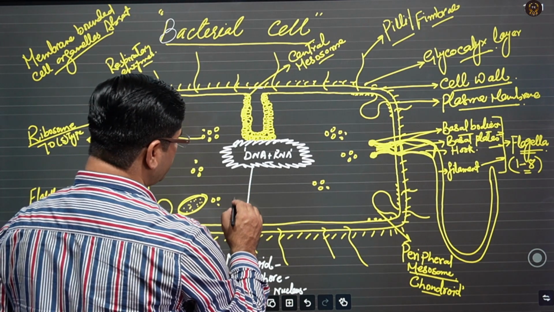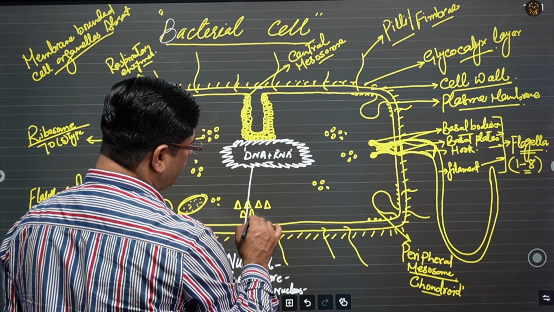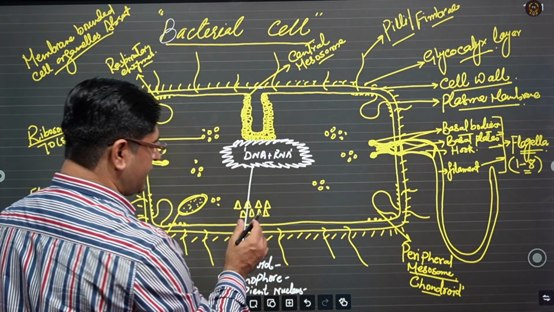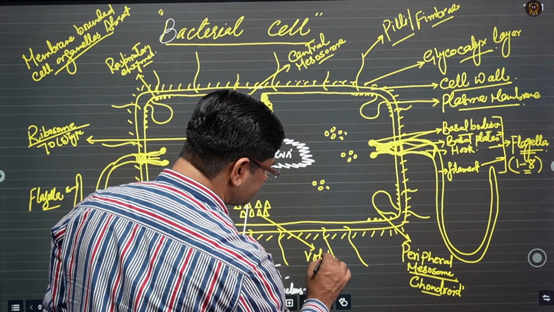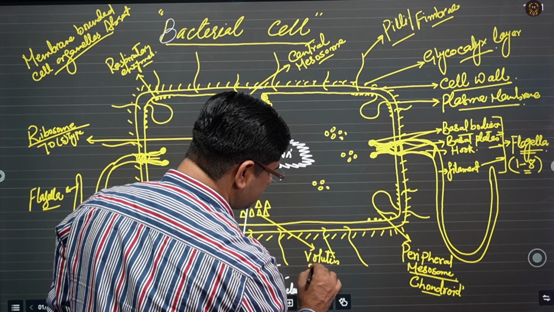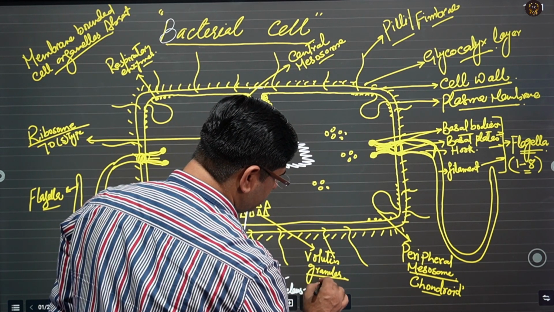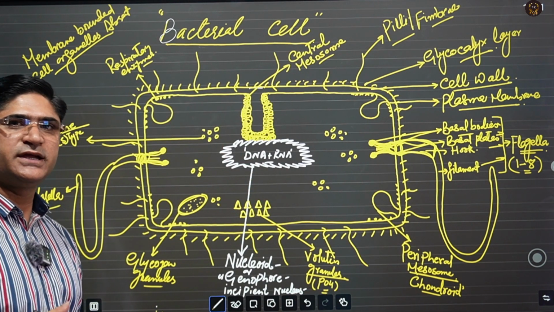Similarly, the food is going to be stored in the form of phosphate granules. They are called volutin granules. Volutin granules are PO4, the phosphate granules.